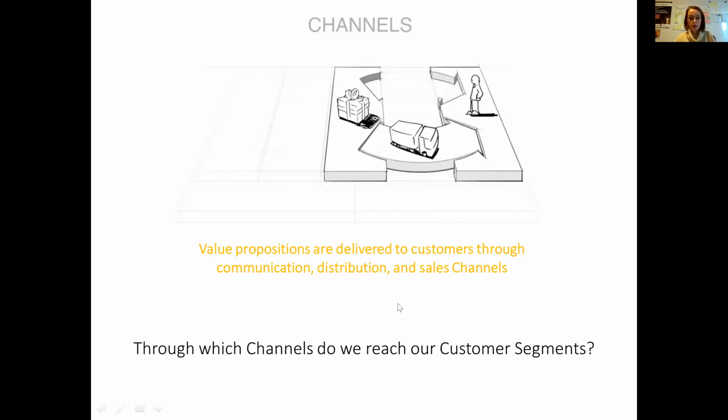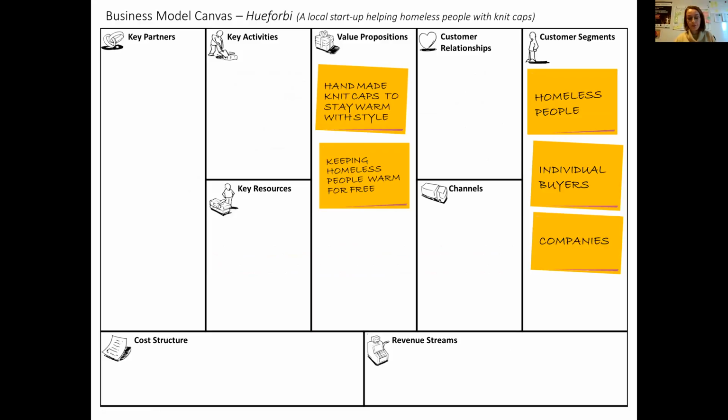Having a look at our business model, firstly, thinking about our impact customers, how should we be reaching them? Do you have any idea about the channels to reach homeless people?